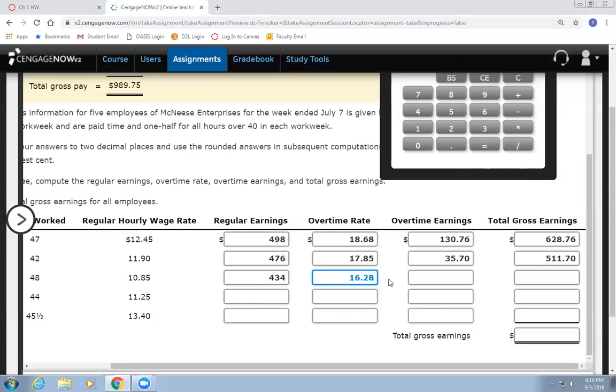Perfect. She worked 8 hours of overtime, so overtime earnings are? $130.24. Perfect. And then again, we add them together. Total gross? $564.24. Perfect.